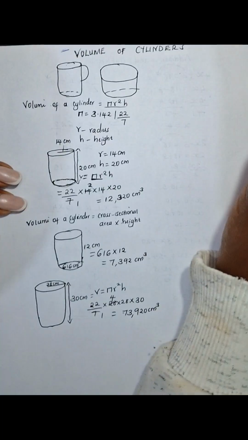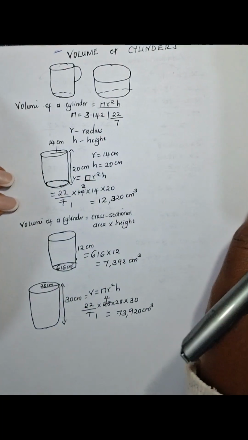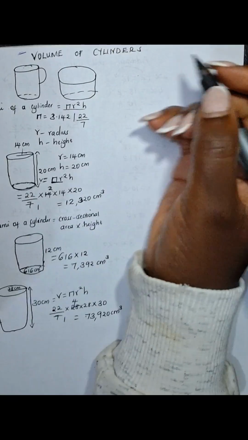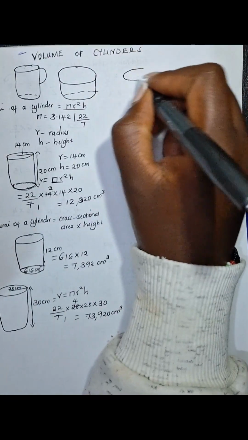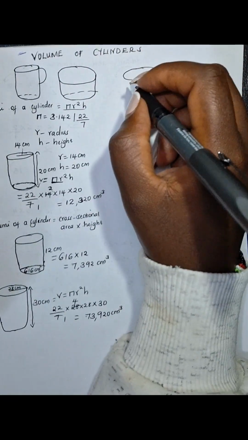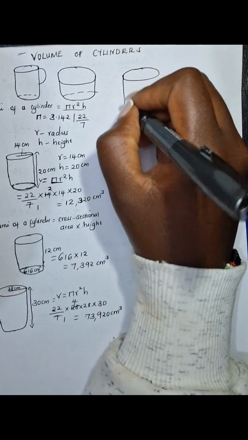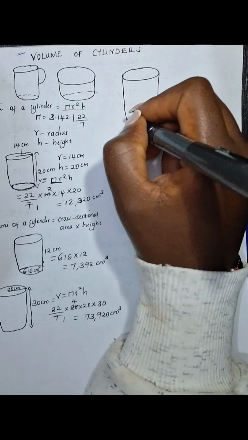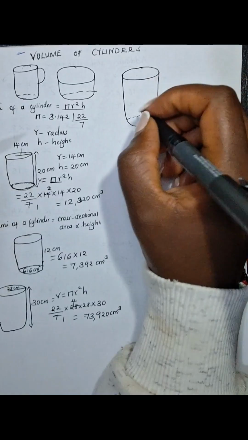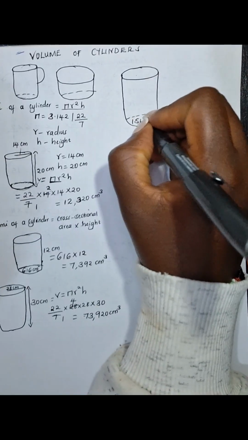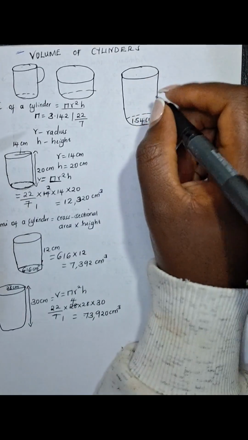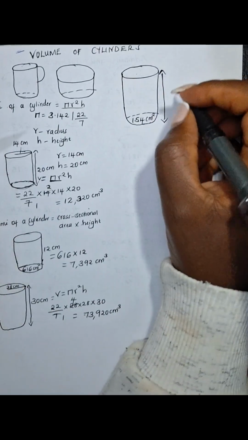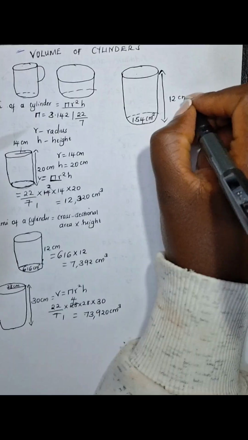Assume I have this other one here that has a cross-sectional area. I hope you can see. Can you see? So, assume you have this one. This is a cylinder that looks like this. Then, you're given the cross-sectional area as 154 centimeters squared and the height as 12 centimeters.